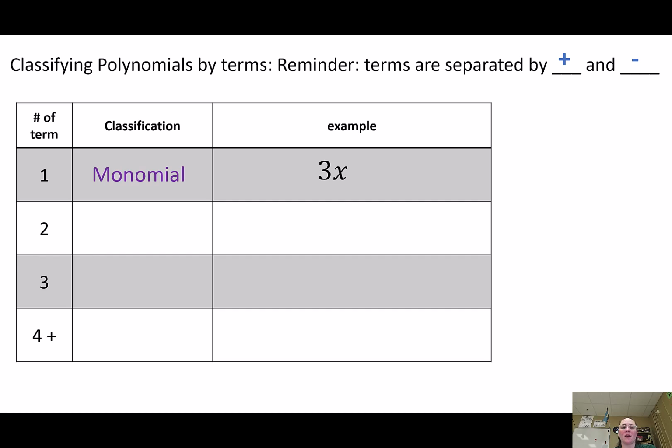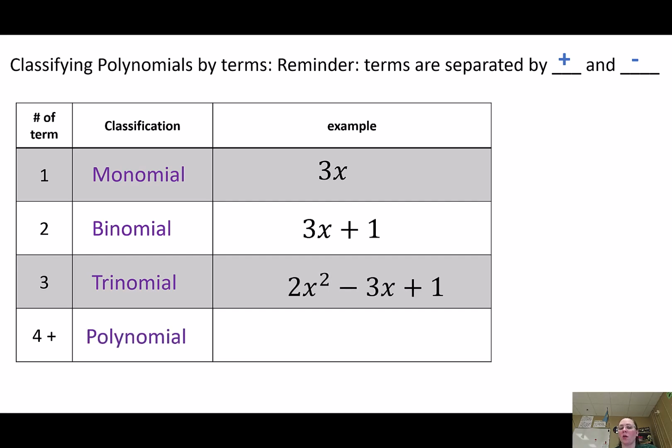If I have a constant, it's almost always going to be a constant monomial. And we'll talk about that here in a minute. If it has 2 terms, that's a binomial. 3 terms, a trinomial. And if we have more than 3, it's just going to be a polynomial. So classifying by number of terms is fairly simple. We've only got 4 of them.